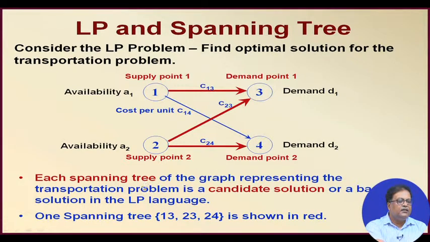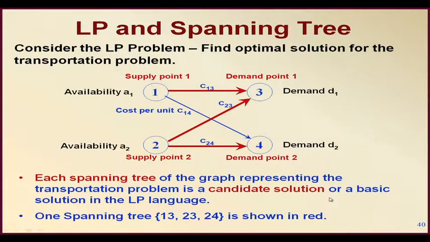So each spanning tree of the graph representing the transportation problem is a candidate solution or a basic solution in the LP language. One spanning tree 1 3, 2 3, 2 4 is shown in red. So basically a linear programming problem is nothing but finding the different spanning trees, evaluating them and seeing which one is giving us the best possible solution.